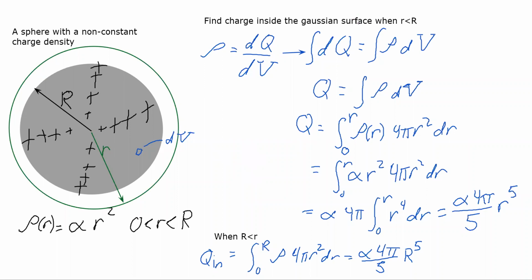All right, one more example for our lecture here. I want to do a cylinder of charge. So how do you calculate the charge inside a cylinder? Let me draw a cylinder of charge.